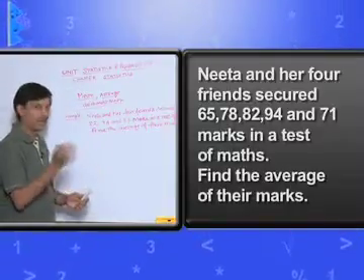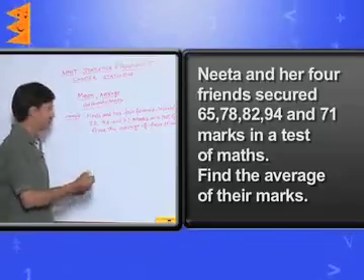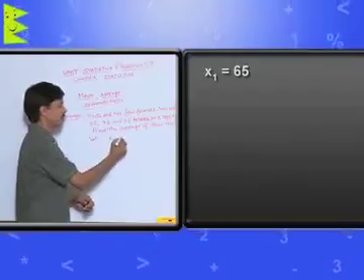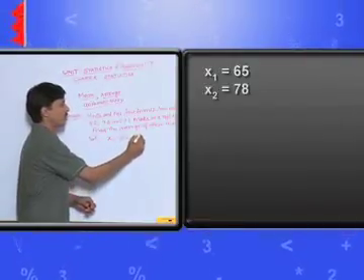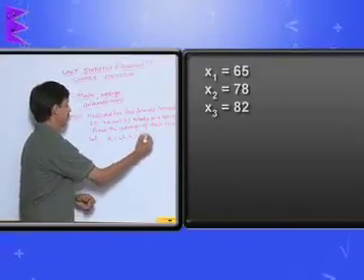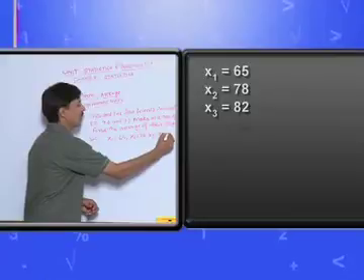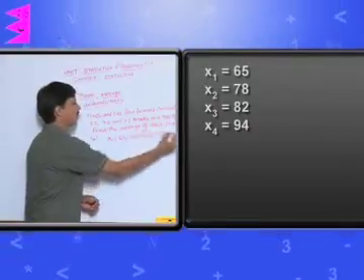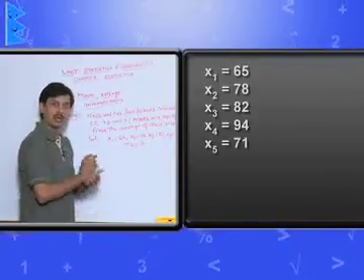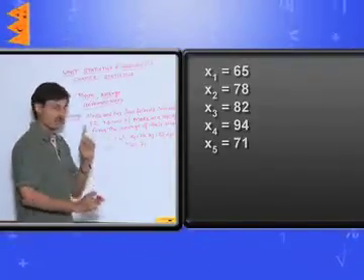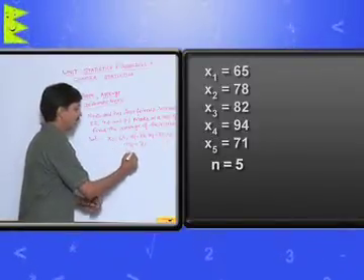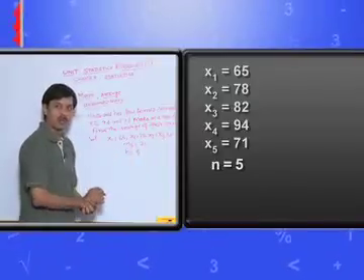To calculate the average, I must mention here in the solution that x1, the first observation, is 65, x2, the second observation, is 78, then x3 is 82, x4 is 94, and the last observation x5 is 71. These are the 5 observations, x1, x2, x3, x4, x5, and the total number of observations is 5.